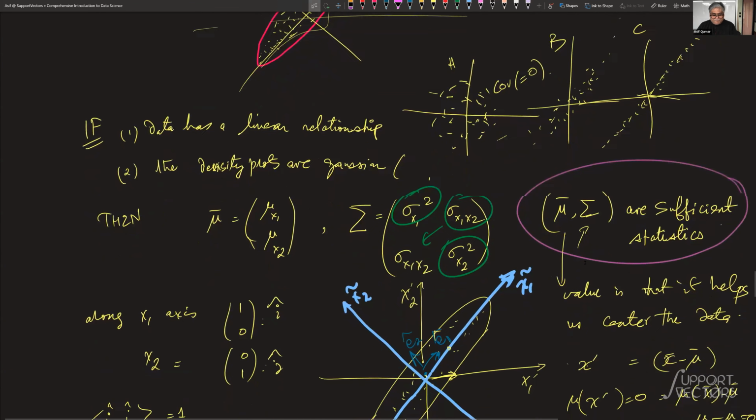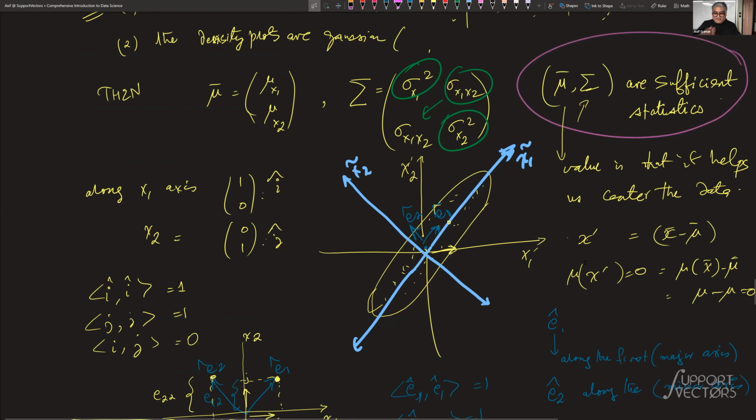Now, coming back to this picture, if I am looking at x1 tilde, x2 tilde, and I were to make the covariance matrix in these new directions, is there a covariance between the data in these two new axes? X2 tilde is just the noise direction, Gaussian noise. It cannot possibly have a relationship to the signal, right?